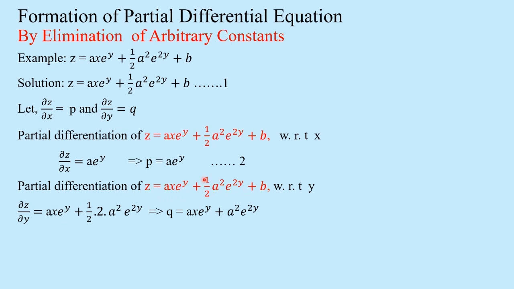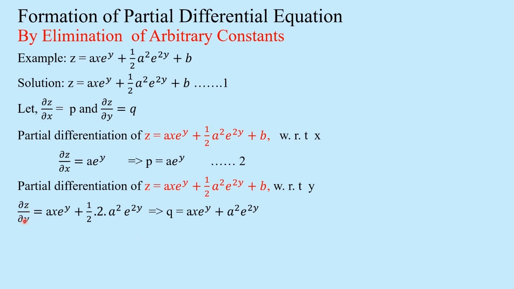In this term, 1 by 2 is constant, a square is constant. e to the power 2y, when we differentiate it, we get 2 times e to the power 2y. So we get this. And b is a constant. When we differentiate b, we get 0. So on partial differentiation of this, we get this. Now here this 2 and this 2 will get cancelled.